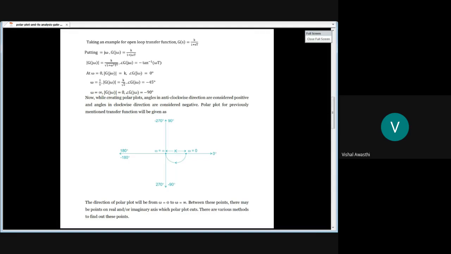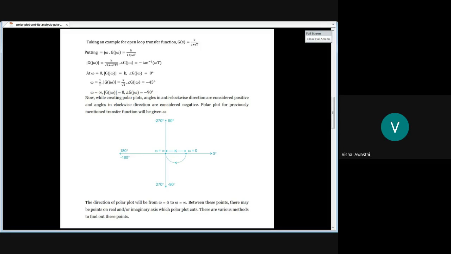So now you have an idea where the angle is placed on your real as well as imaginary axis. So whatever angle of phase is coming, you just have to put this phase according to these positions on the real or imaginary axis.